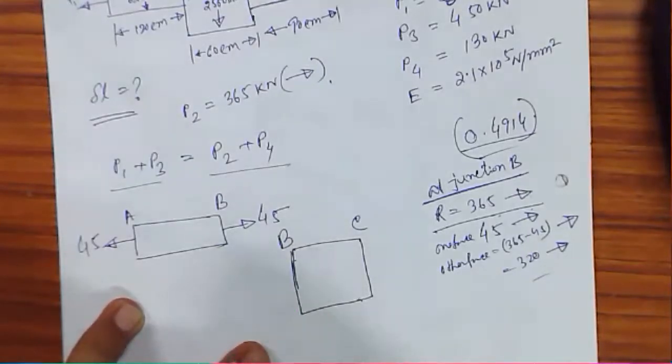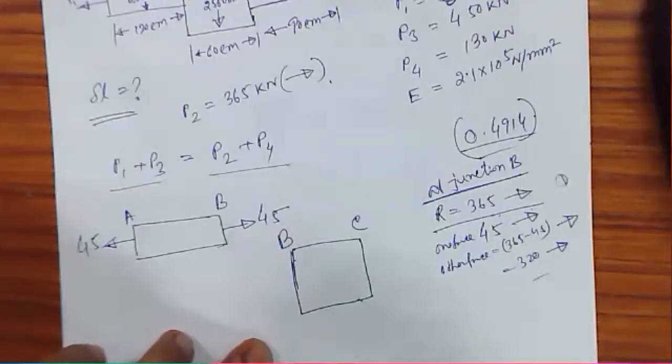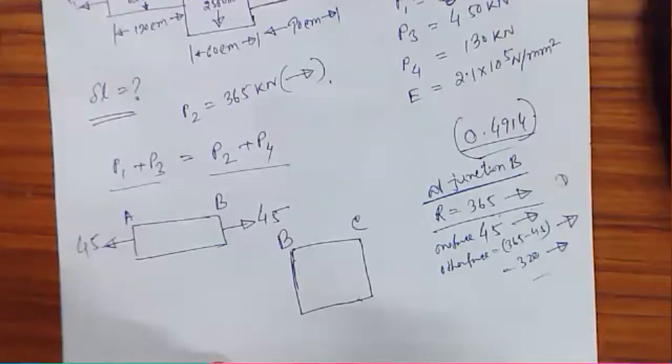Sir, in the options, P3 is written as 450 kilonewton or 45 kilonewton.